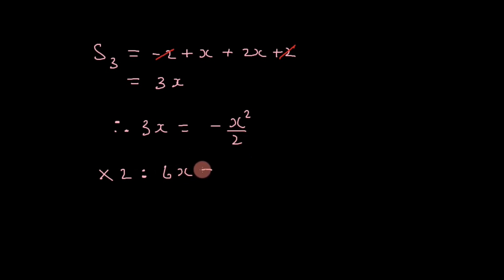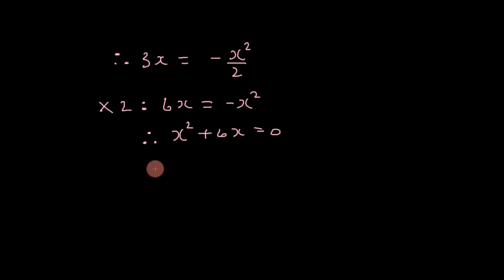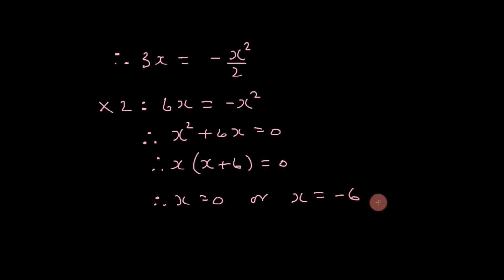So 6x equals negative x squared. We can bring all our terms to one side. And here we can take out x as a common factor. And hence x will equal 0, or x will equal negative 6.